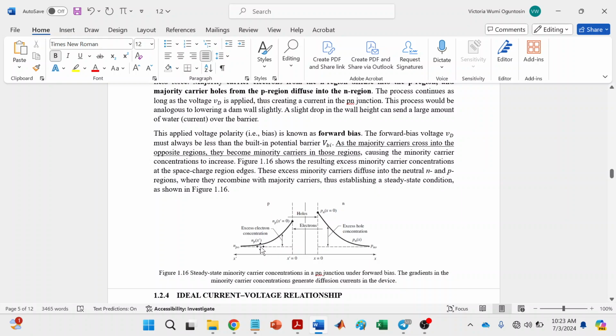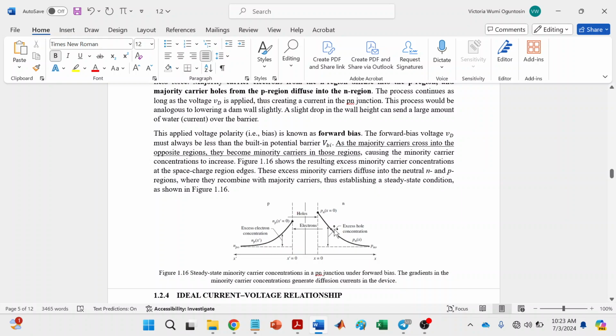So the holes diffuse to the N region, increasing the hole concentration of minority carriers in the N region.